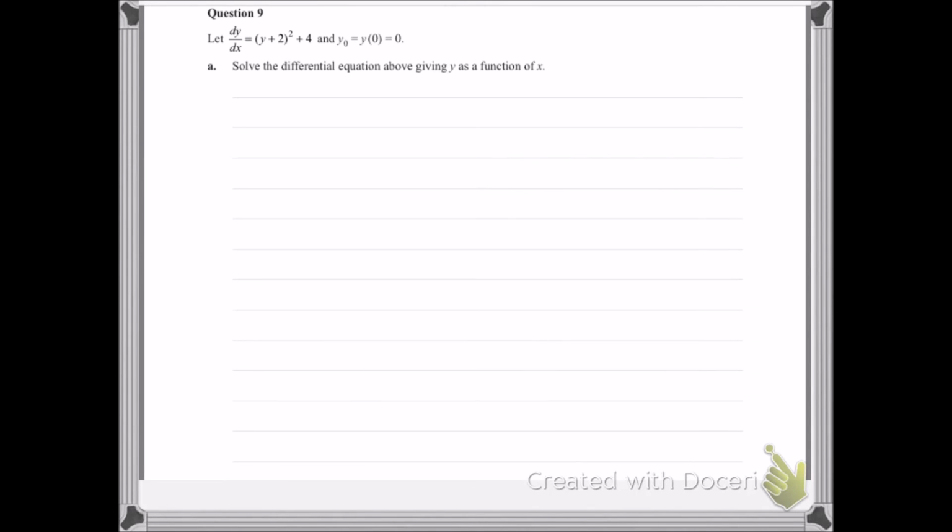Question 9. Now let's solve this differential equation with this initial condition, and we're going to determine y as a function of x. So let's do that. It's important to recognize the whole right hand side is a single function of y.